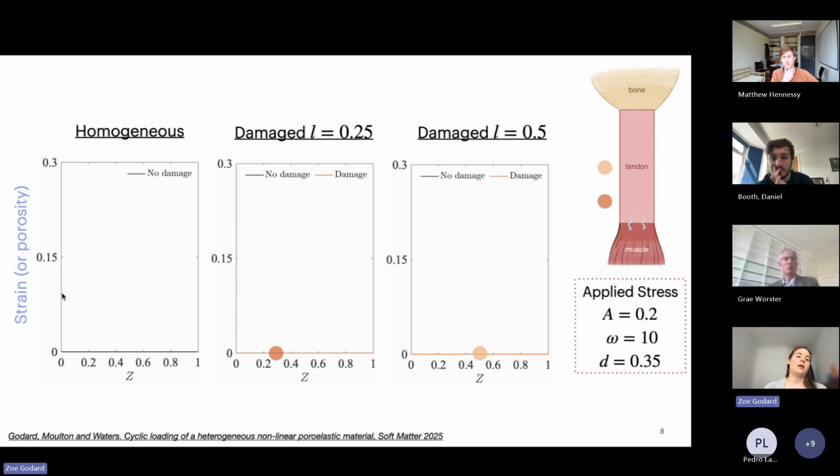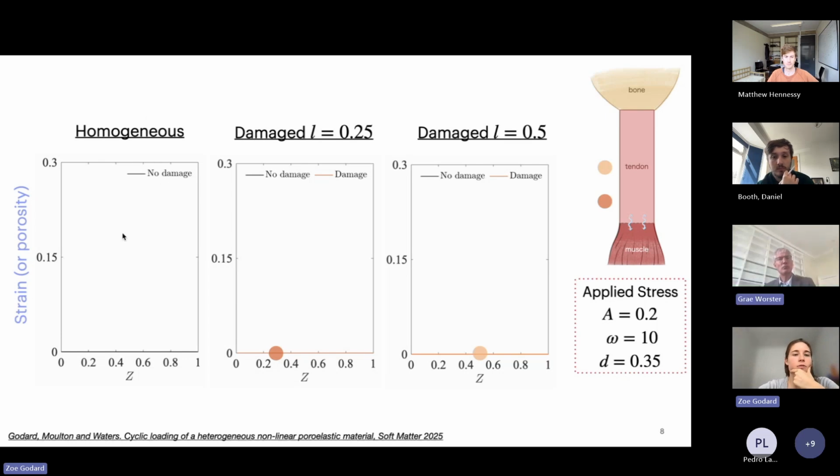And then we're going to be looking at the strain or the porosity response. So in this 1D uniaxial framework, the strain is equal to the normalized porosity, so the two are equivalent when we're interpreting them. So you can choose to interpret these as you like.